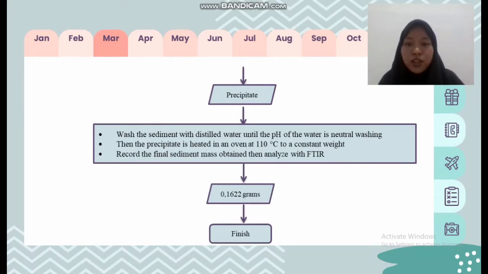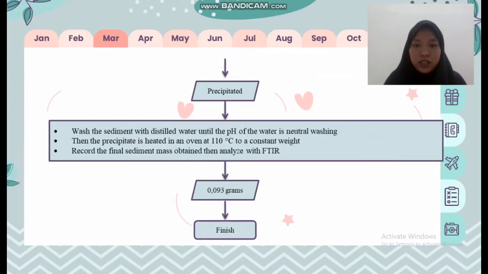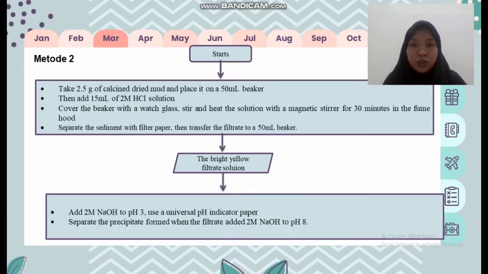Wash the sediment with distilled water until the pH of the water is neutral, and then the precipitate is heated in an oven at 110 degrees Celsius to a constant weight, and record the final sediment mass obtained for analysis with FTIR. The yield is 0.1622 and finish.